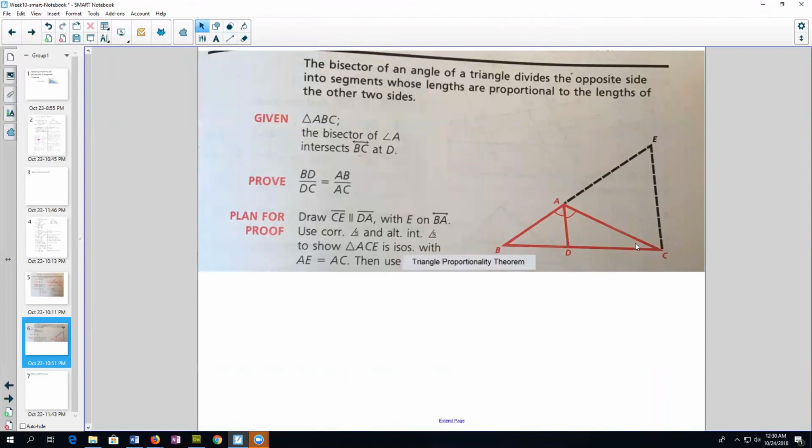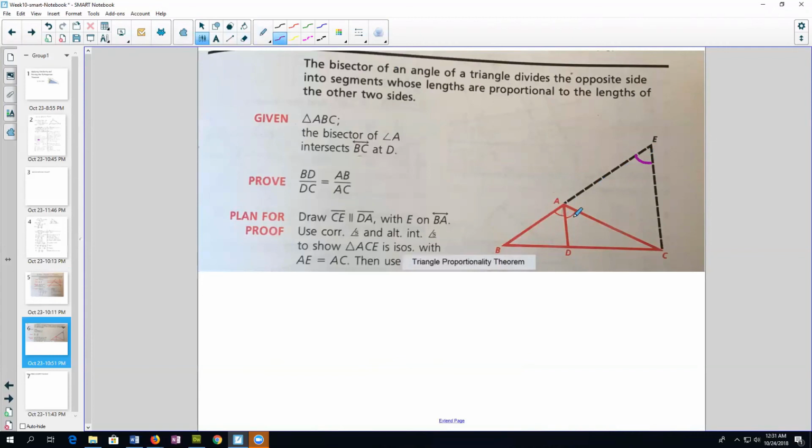Now something very interesting happens. We have parallel lines here. EC is parallel to AB. So this angle here at A is congruent to this angle at E by corresponding angles. So I can put a single mark here. This is congruent to this by corresponding angles.